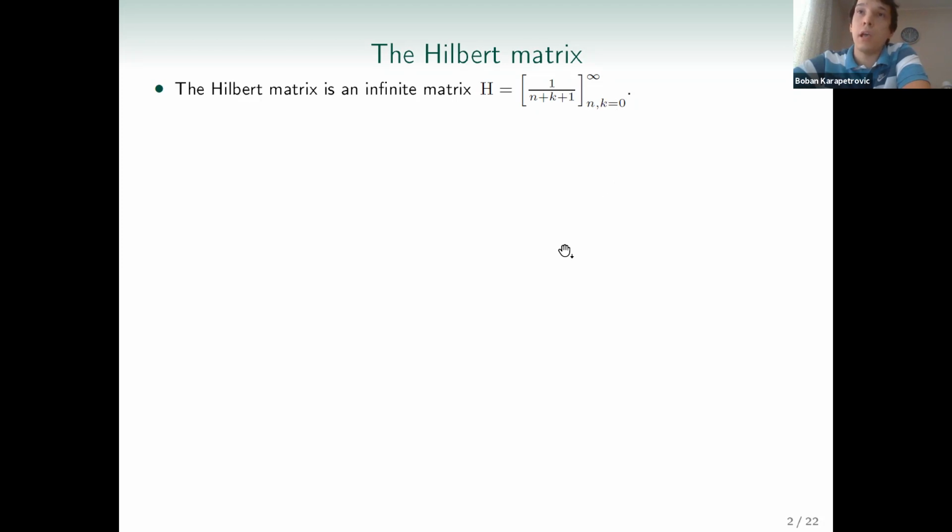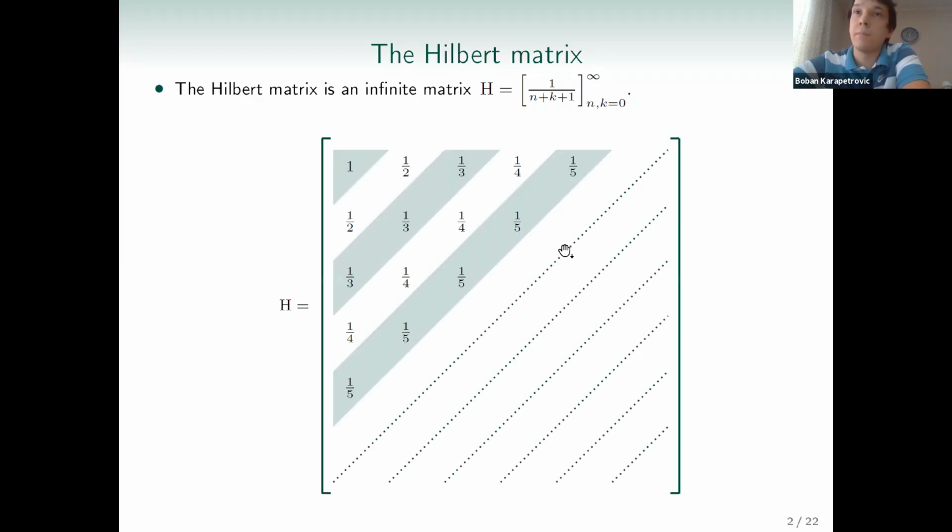So this is the Hilbert matrix. And as you can see, anti-diagonals have the same elements. So the Hilbert matrix is actually a Hankel matrix in more general settings, but today we only consider this particular example of Hankel matrices. So the main object today is this matrix, the Hilbert matrix.